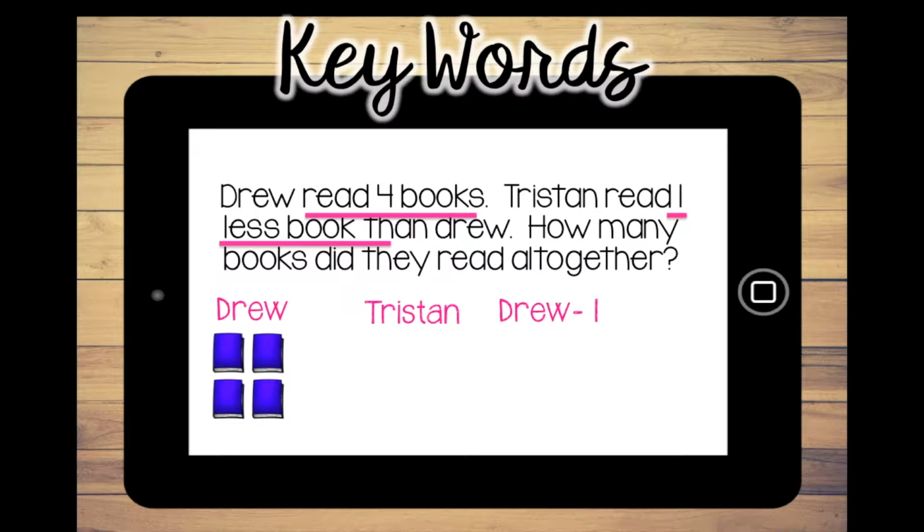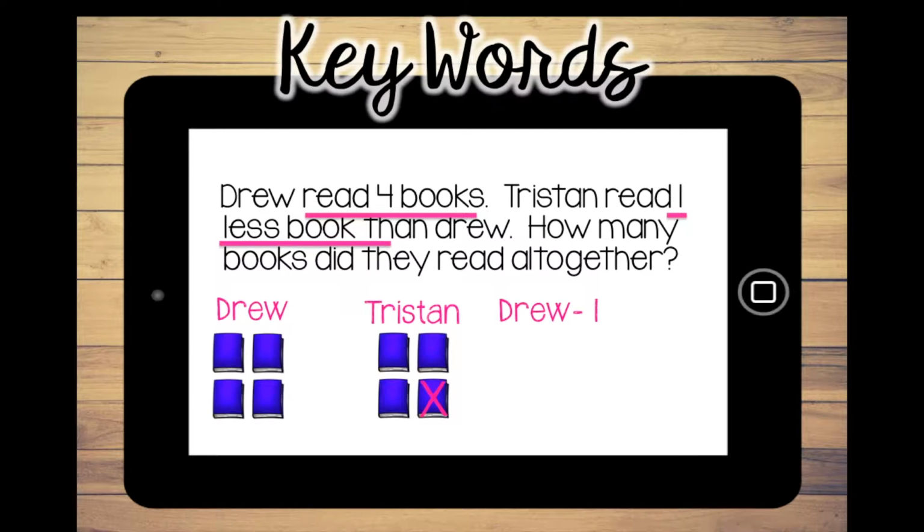We know Drew read 4 books, but it says for Tristan that Tristan read 1 less book than Drew. Not 1 book, 1 less book. So we're going to have to take Drew's books minus 1. So we're going to draw Drew's books, and then we're going to take away 1. So we have Drew minus 1.